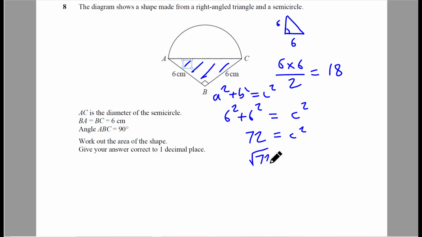So square root of 72 equals c. So that must be the diameter. Can we simplify this? The biggest square number that goes into this is 36. That's the square root of 36 times the square root of 2, so that's going to be 6 root 2.